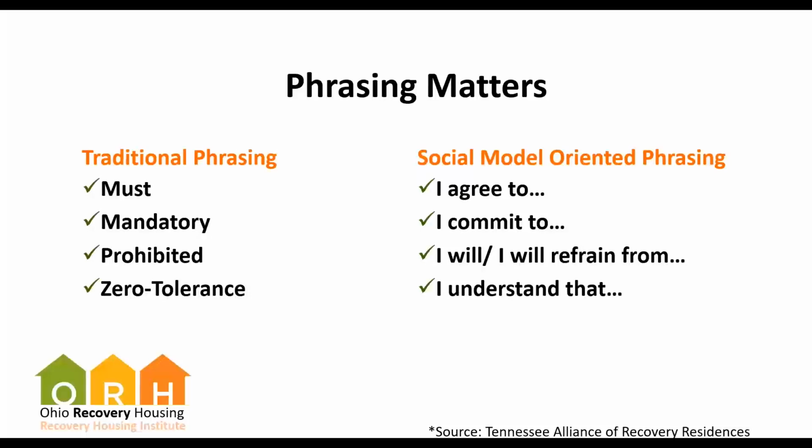And of course, yes, you can always be very clear about what will happen if residents make certain choices. So yes, people have a choice, but they know what will happen if they make certain choices. If you have a phrase where you agree to uphold the drug and alcohol-free living environment, then they know what will happen and how it will be handled if they choose not to, and they agree that that's how things will be handled if they make that choice.